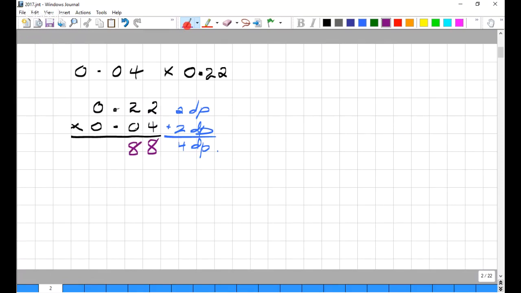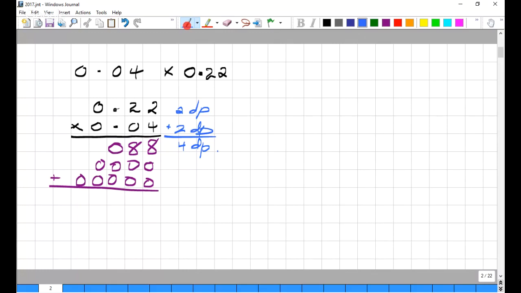Okay. 0, and 0, and placeholders, 0, 0, 0, and we're going to do what now? Add, because this is what? Repeated addition.